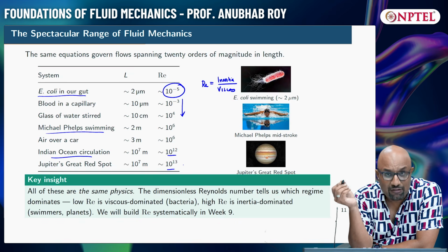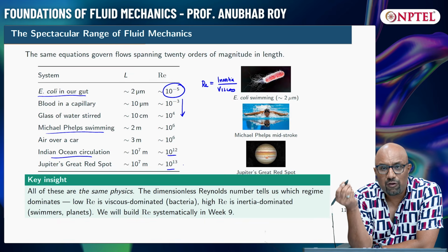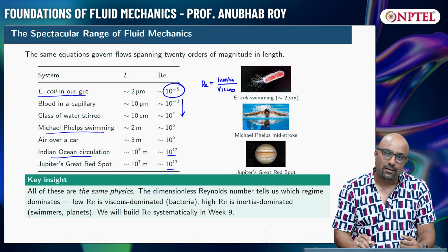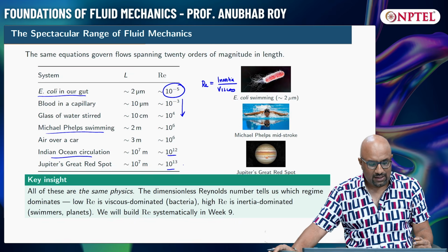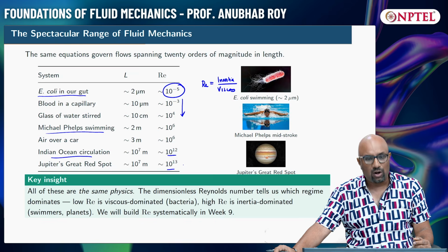All of these are governed by the same physics. All of these are basically governed by the same fluid mechanics problems that we are going to study. And the dimensionless numbers that we have in this regime tell us whether we are in a low Reynolds viscous dominated regime or in a high Reynolds number regime.